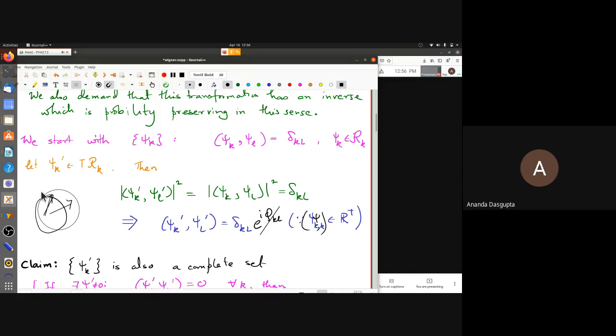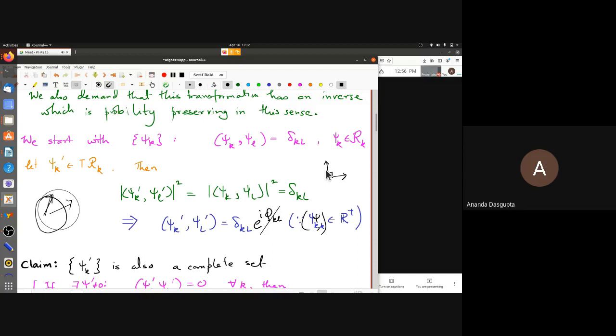So my question is, okay, for one particular choice, maybe I get psi k prime, psi l prime is delta kl. If I change the choice, you'll still get delta kl. Actually, that should be pretty easy. Even think in terms of ordinary 2D vectors. Say for these two vectors, they're perpendicular, right?